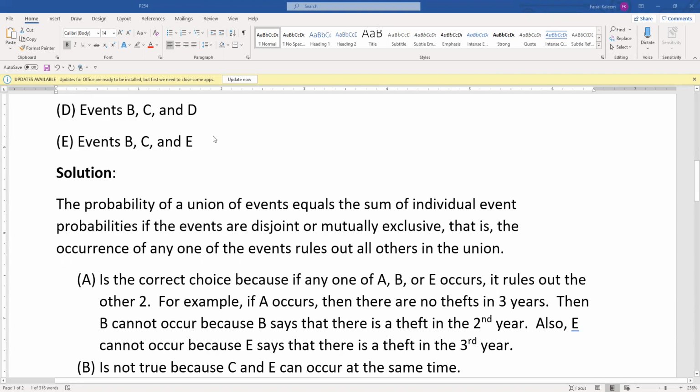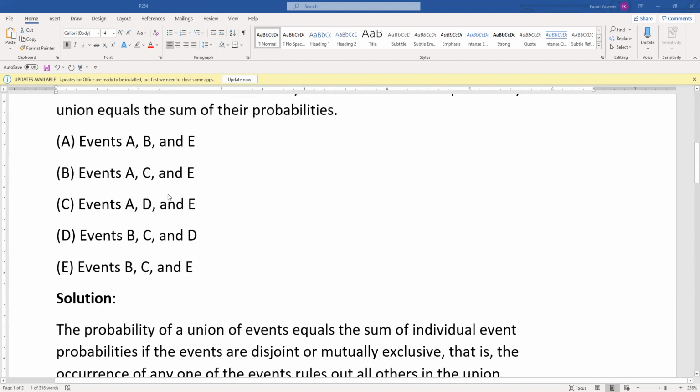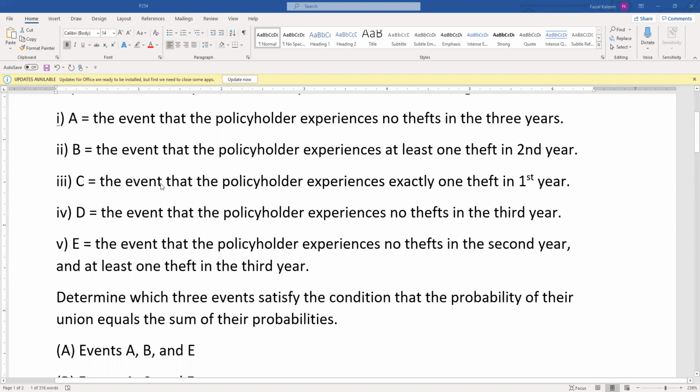C and E can occur at the same time. So let's see what C and E are. C says exactly one theft in the first year. E says no thefts in the second year and at least one theft in the third year. So C and E can occur at the same time. None of them rules the other out. Theft in the first year has nothing to do with what happens in the second or third year.